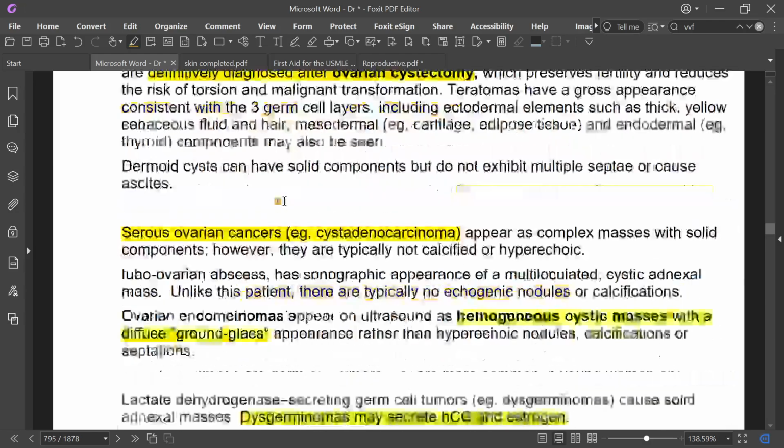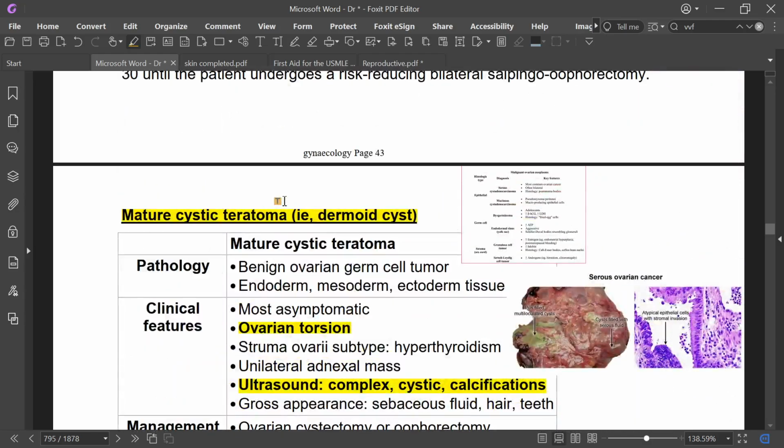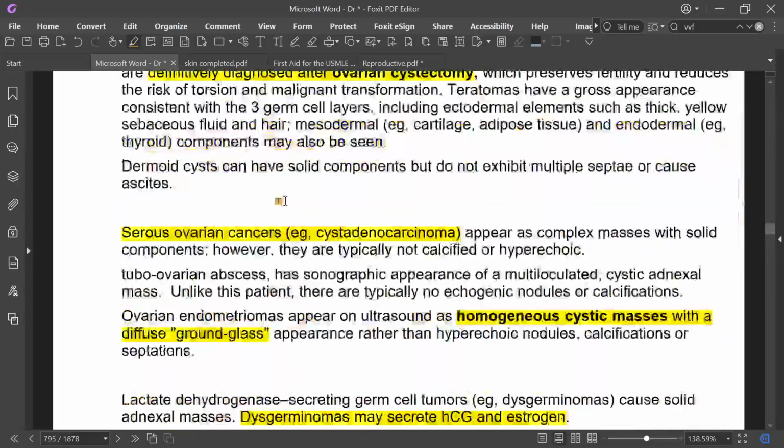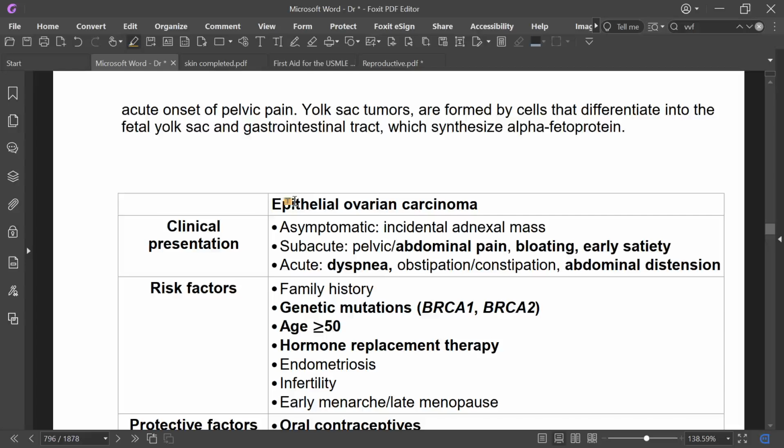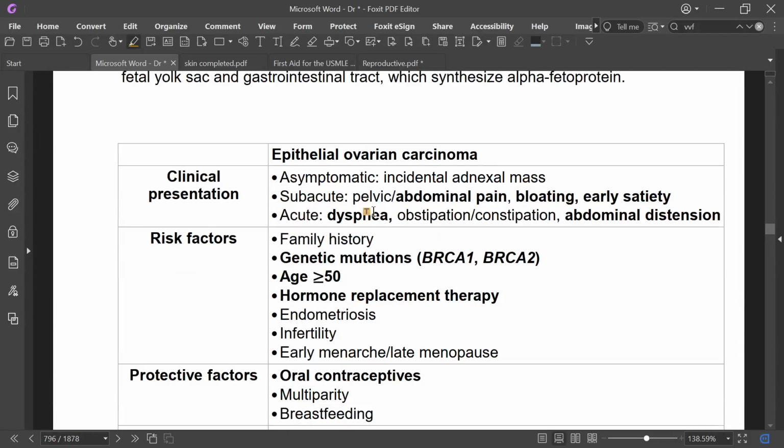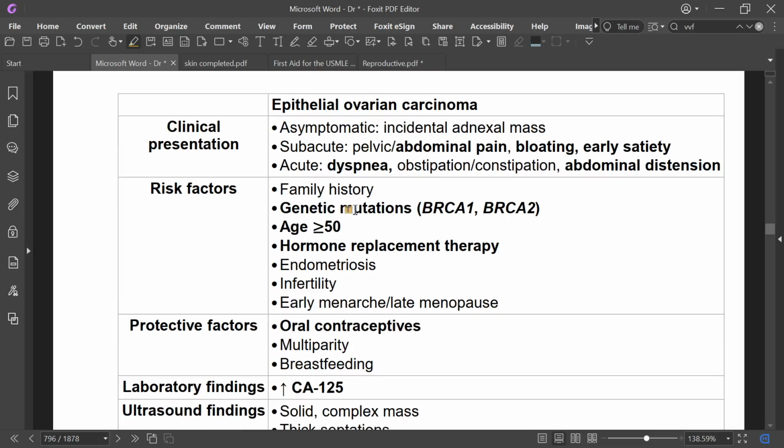This is epithelial ovarian carcinoma. In epithelial ovarian carcinoma, there is serous, there is mucinous, and there is dysgerminoma. Before jumping into the histological pattern, symptoms include abdominal pain, bloating, and early satiety, and may come with acute dyspnea, obstipation or constipation, and abdominal distension.